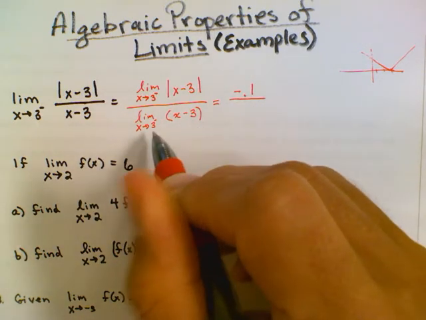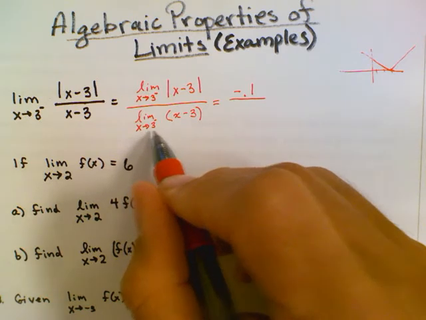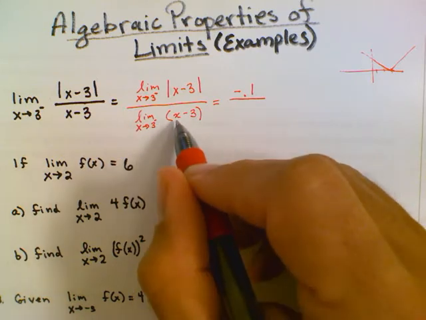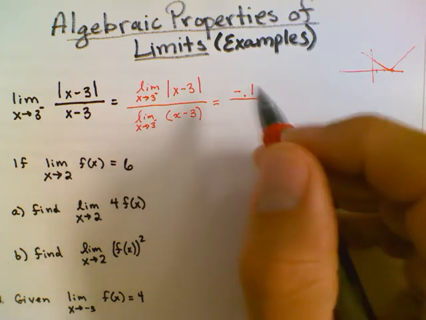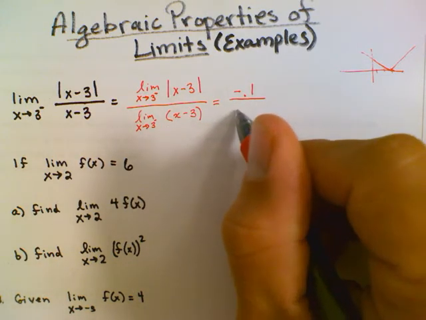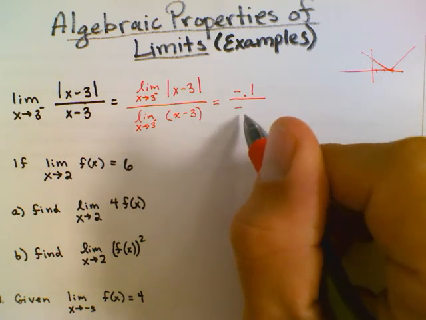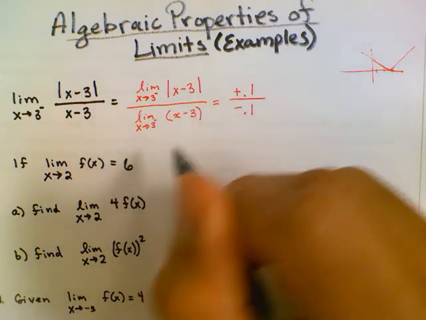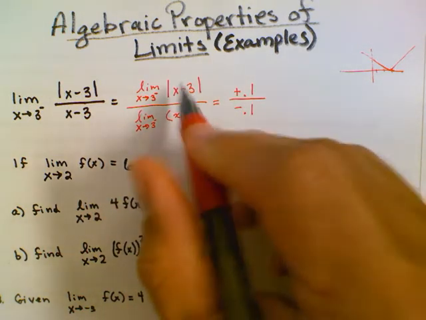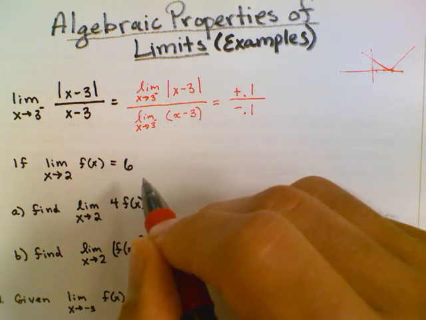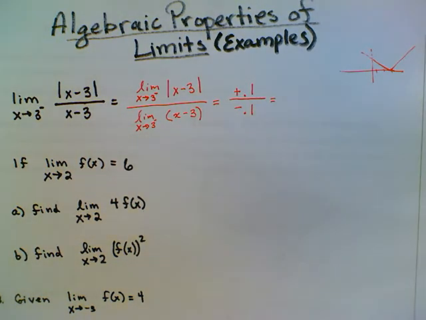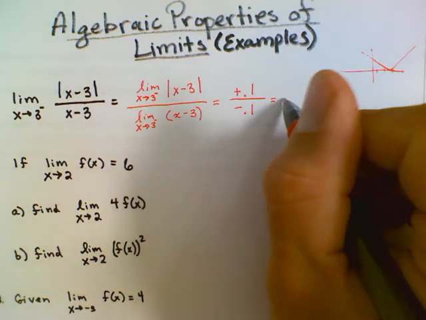And then if I substituted in 2.9 on the bottom, then I would also get negative 0.1. Wait a minute, the top one would actually be positive because we had the absolute value around that symbol. And now that's going to simplify, and that actually simplifies to negative 1.